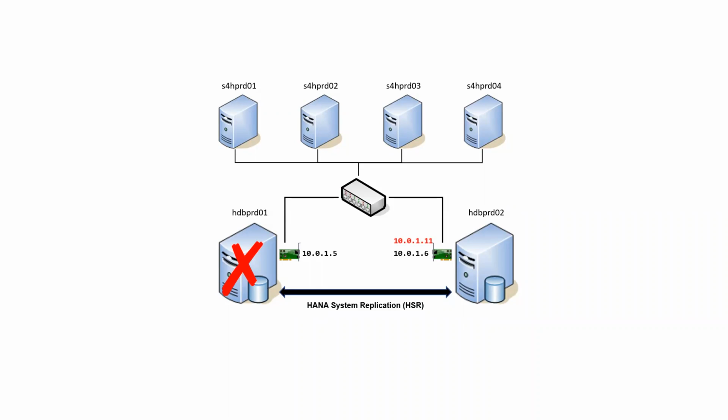We will implement a cluster on both of these nodes and configure it in such a way that if one of the nodes fails, for example the primary database node, the cluster will start the service on the secondary node and move the virtual IP from the primary to the second node.